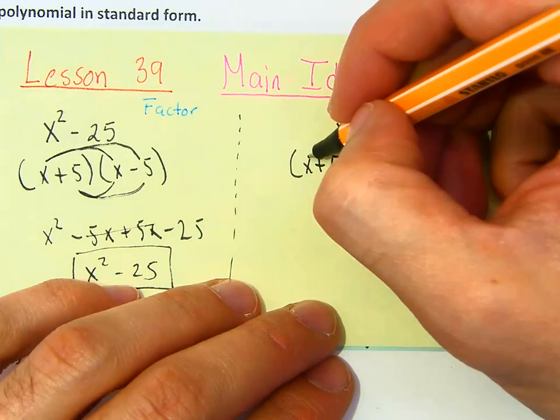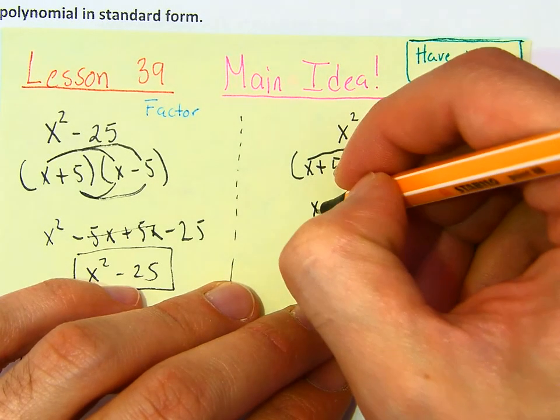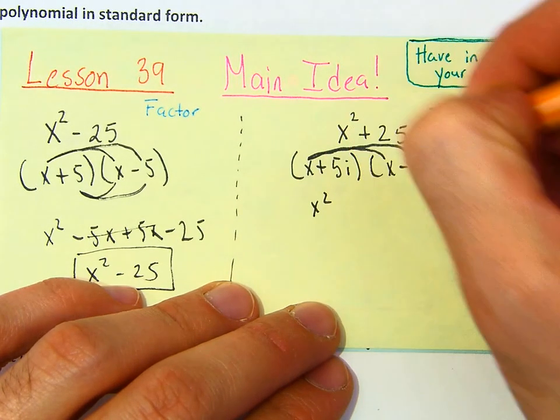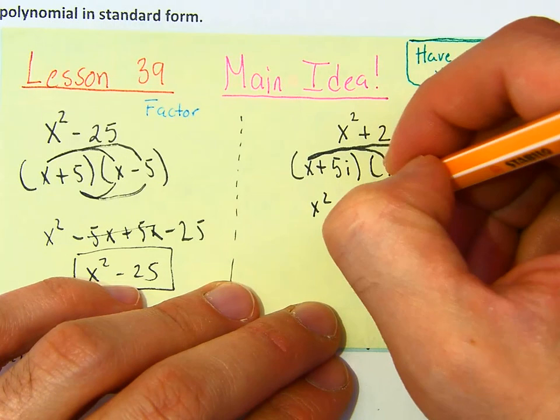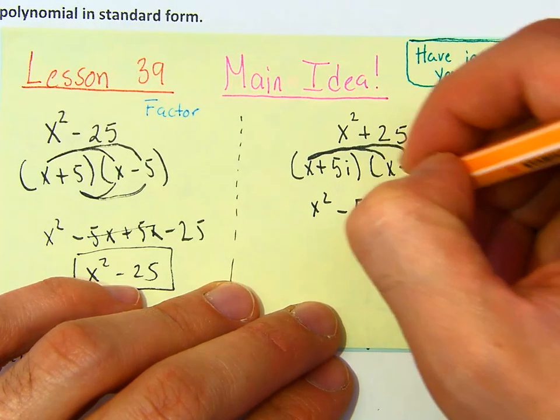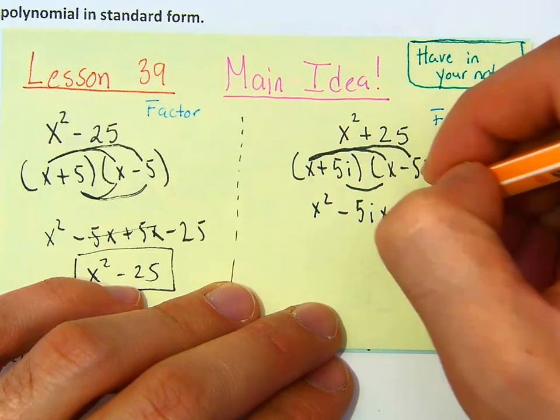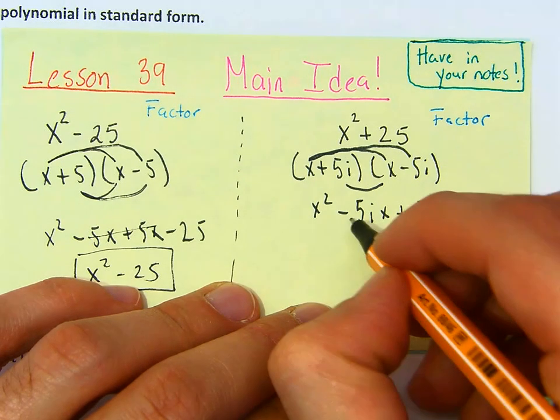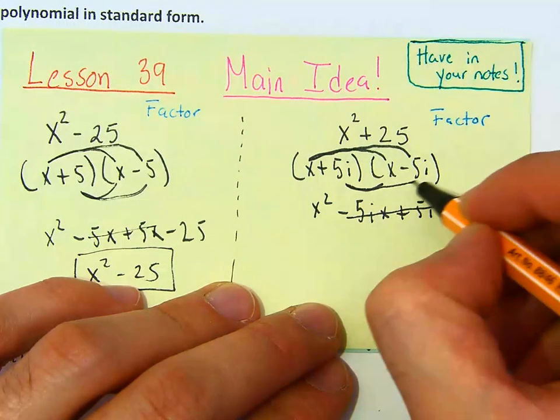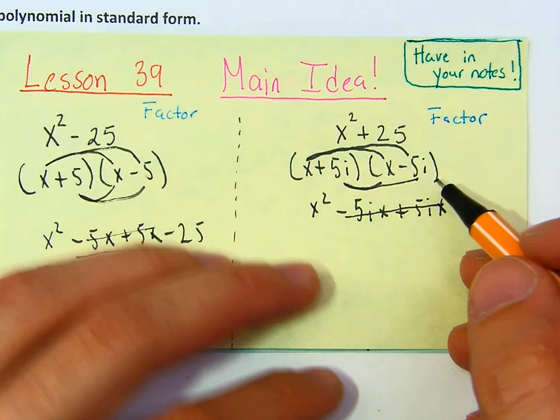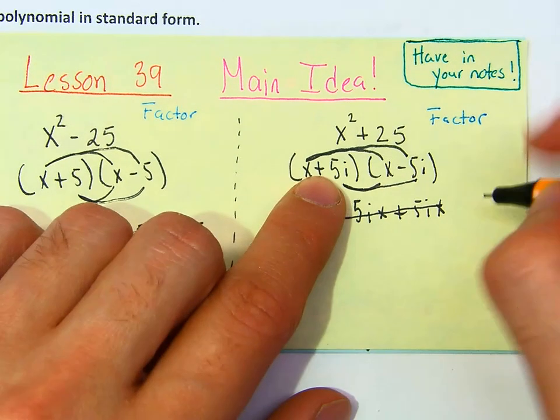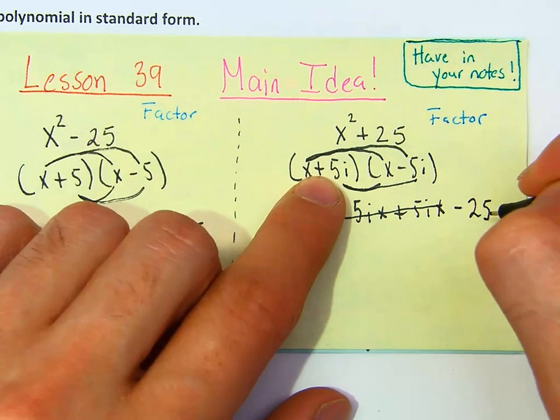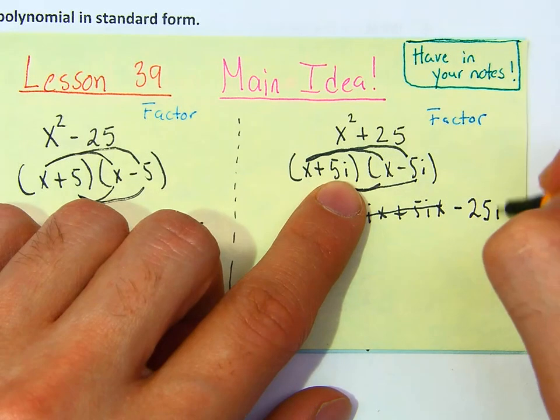Why does this work? Because here, if I have x times x, it's x squared. If I have x times minus 5i, it's minus 5ix. This is plus 5ix. Notice what happens to the negative and the positive. These two cancel. Now let's see what happens here. Positive 5 times negative 5 is negative 25. And what is i times i? It's i squared.